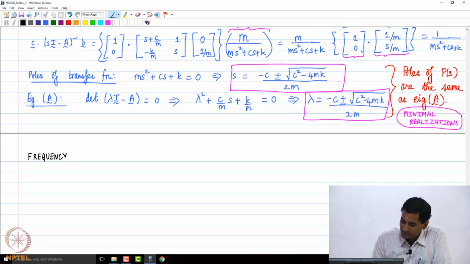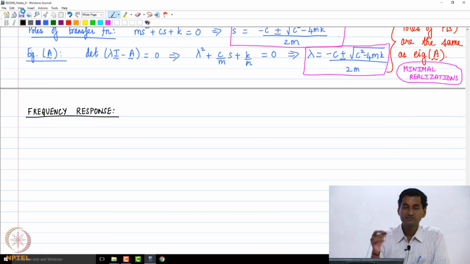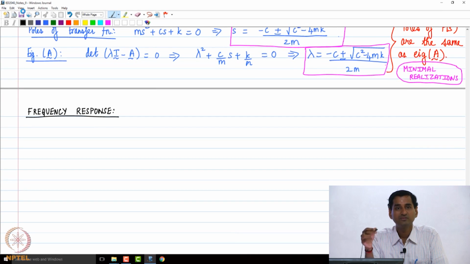Okay. So we are going to discuss what is called frequency response. That's going to be something which we are going to do for the next few classes, right? We are going to discuss frequency response and how that can be used for control design. Okay, so that's going to be the objective for this discussion.